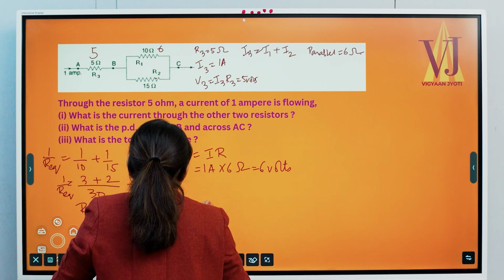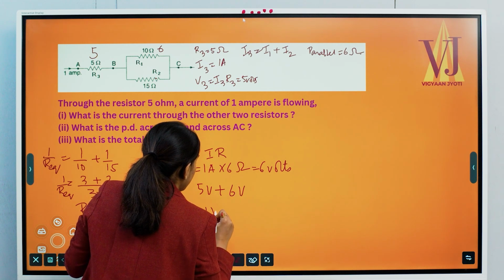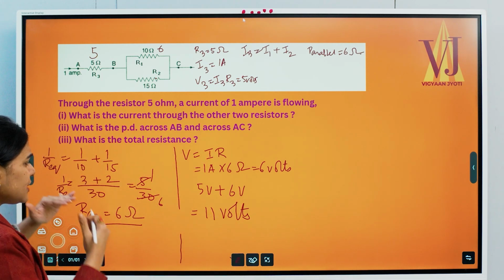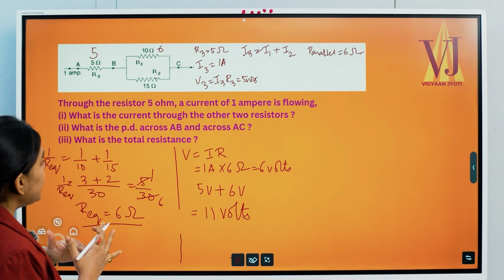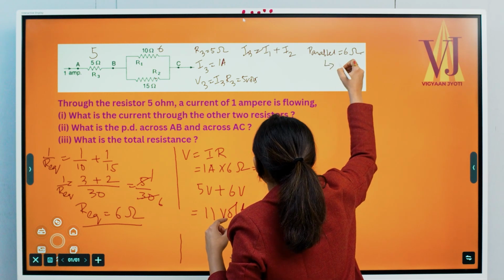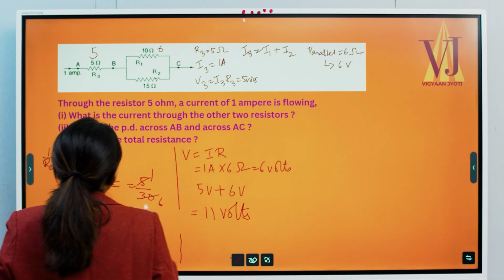Together we have 11 volts. This is just the normal data that I'm trying to extract. So here in parallel my voltage is 6 volts. Now let us go one by one.